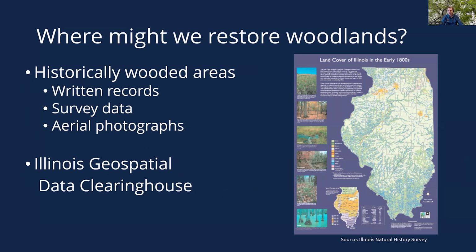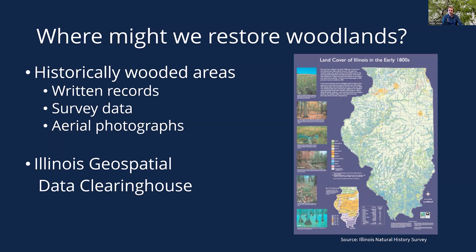This land cover map from the early 1800s, produced by the Illinois Natural History Survey, is really useful in thinking about previously wooded areas, and it helps show where a lot of maybe savanna and open oak woods may have existed before early colonization.